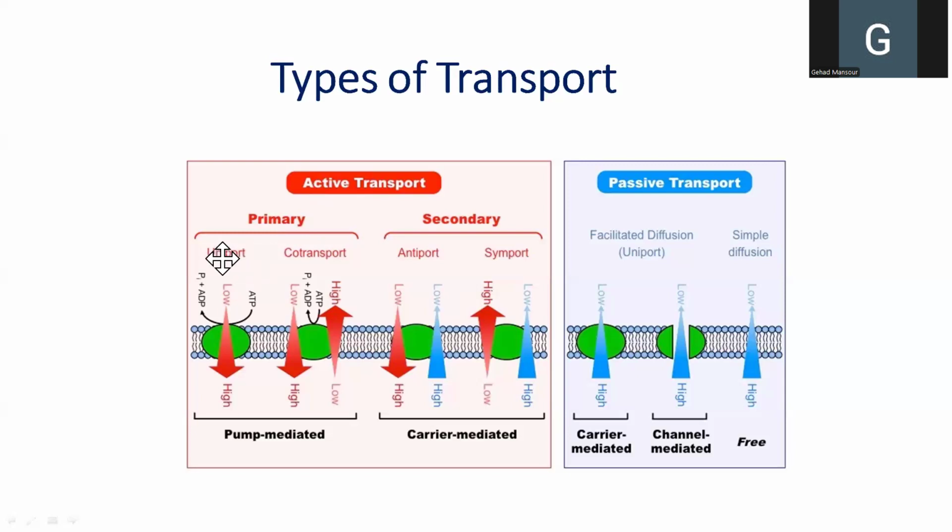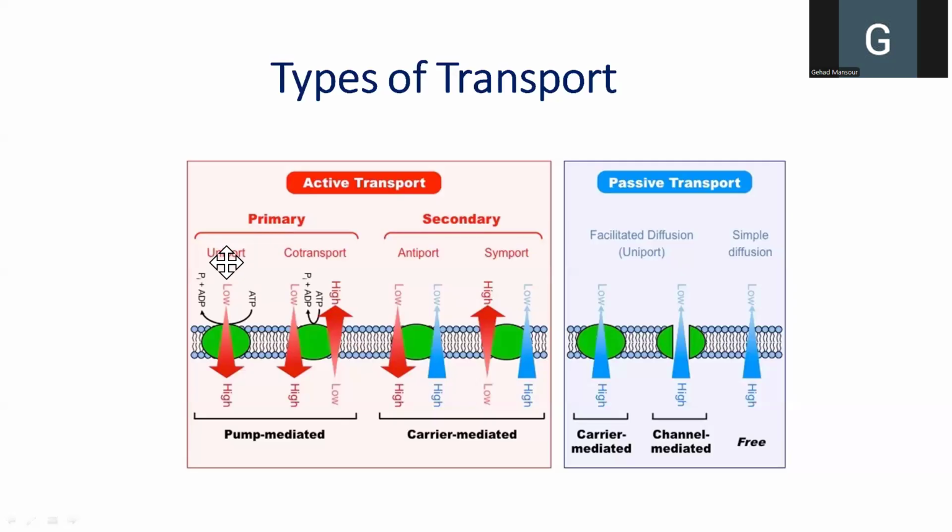And when we say primary, we mean it occurs on its own without being dependent on a previous kind of transport. So it is primarily a means of transport that does not depend on the occurrence of a previous transport.